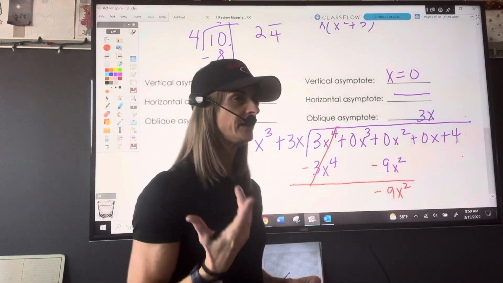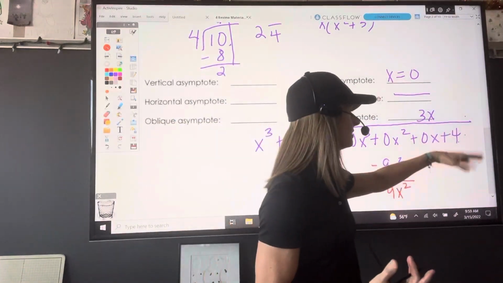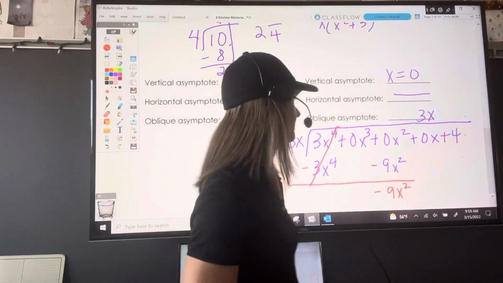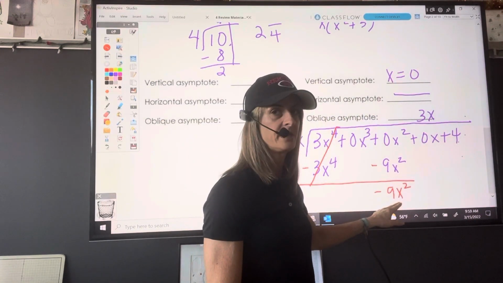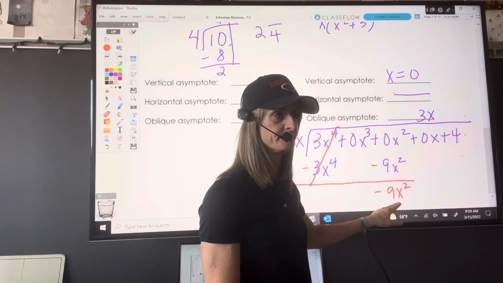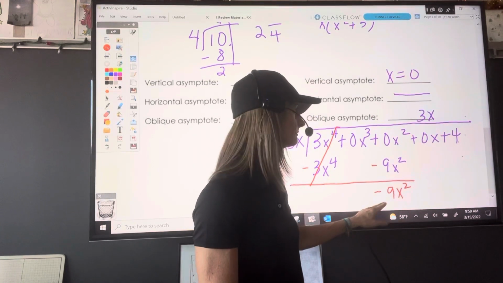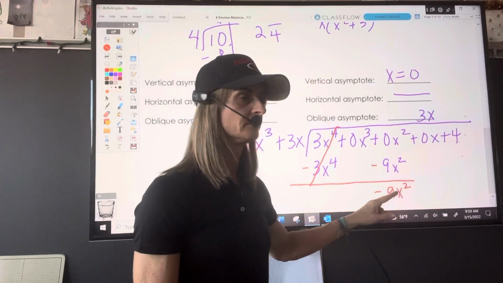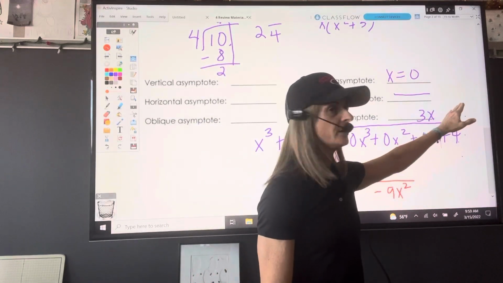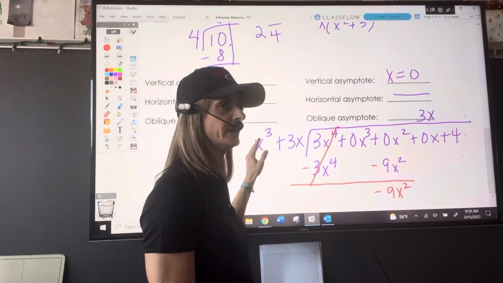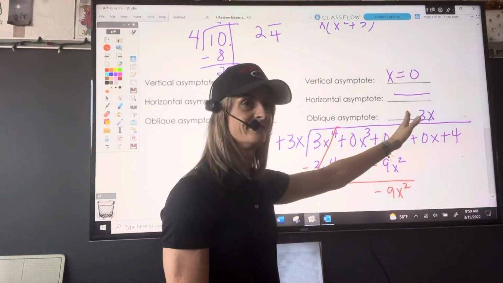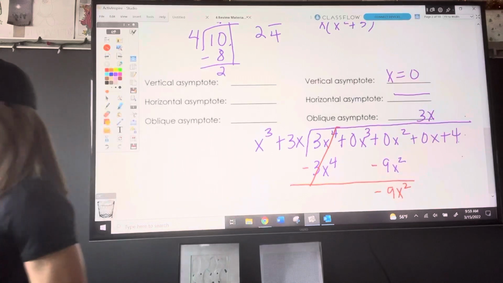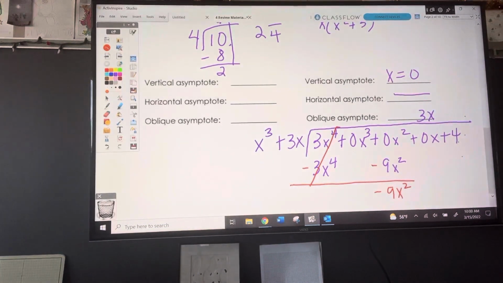Can I think of anything I can put above the 4, like a 2 or some number, that when I multiply by x cubed, I'm going to be able to cancel out this x squared? There's not going to be anything, because if I put a number here and multiply it by x cubed, I'm going to get a cubic, and I need a squared to cancel. So we're done. This is going to be cut off right here.